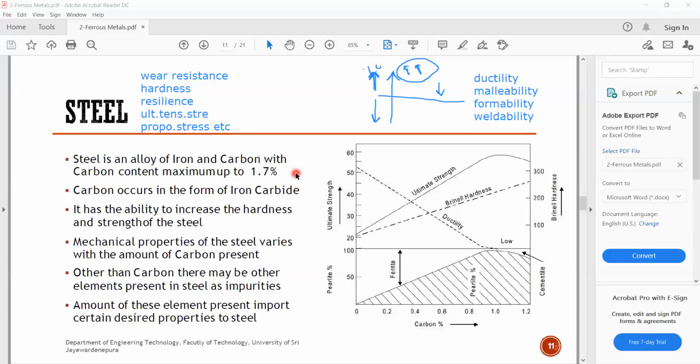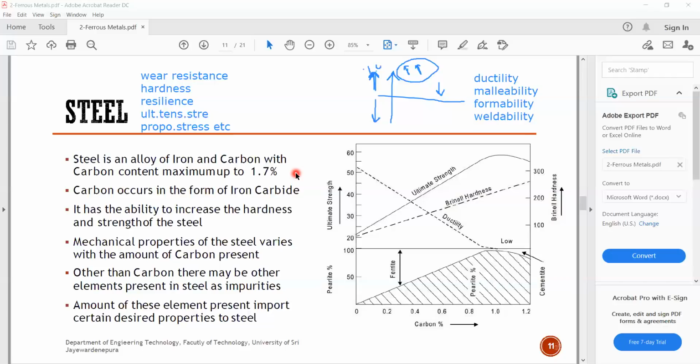You cannot do any machining process or any forming process. That means you cannot machine that particular part, and you cannot do machinability or formability. Importantly, you cannot draw that particular steel into wires, right?